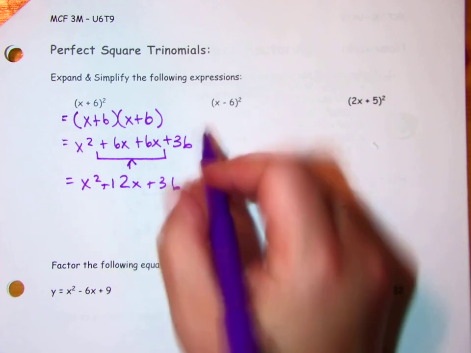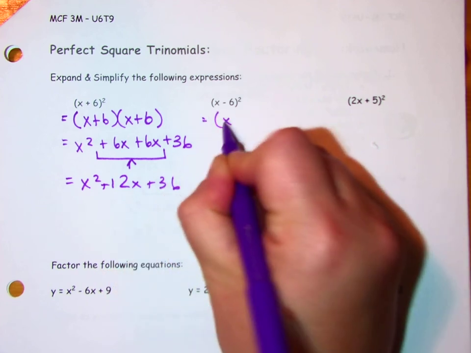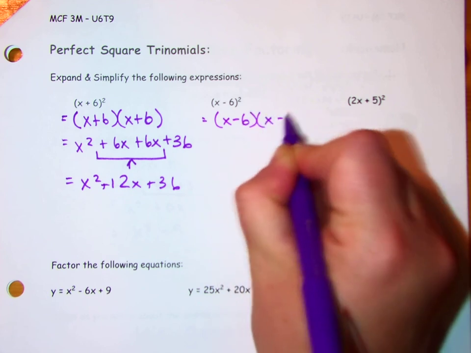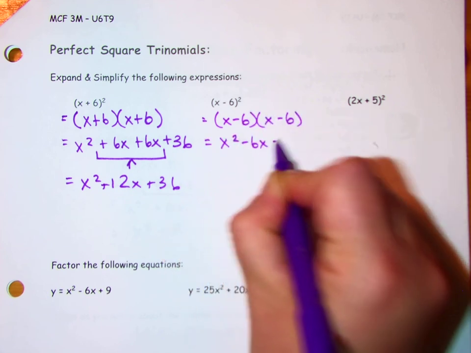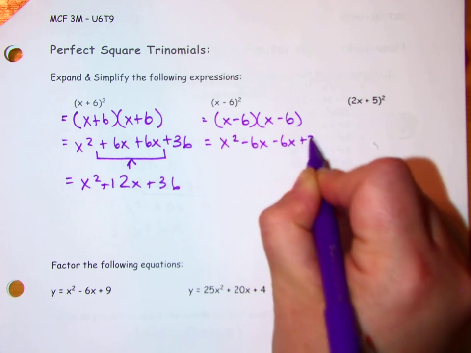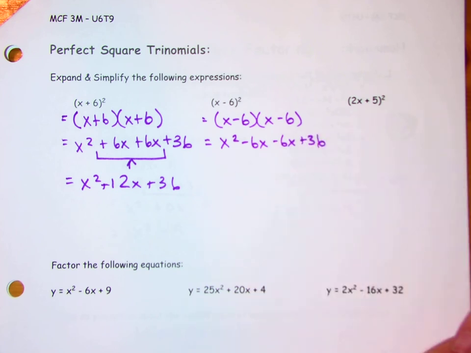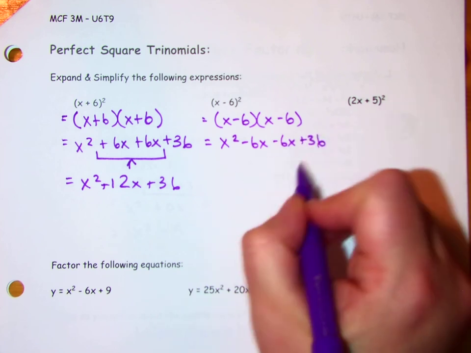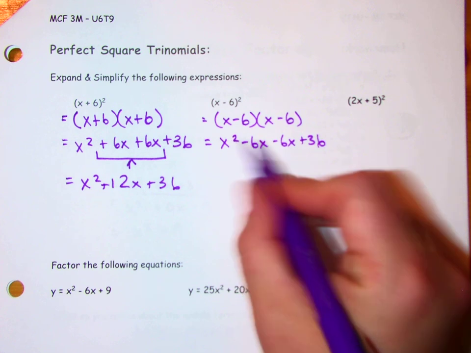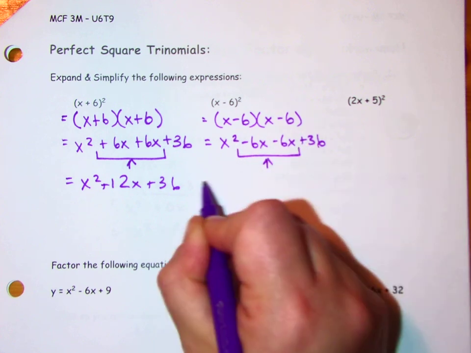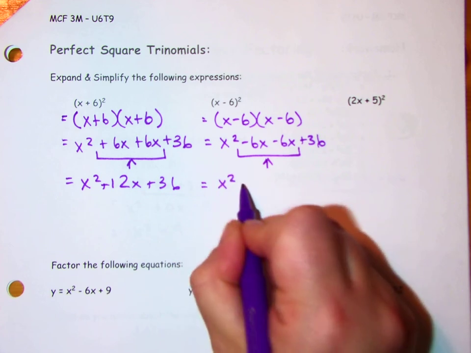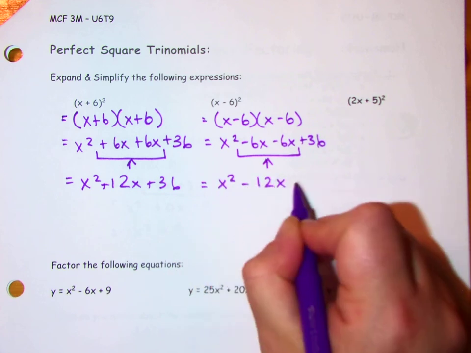Next one, we have x minus 6 times x minus 6. So that's x squared minus 6x minus 6x plus 36. We've talked a few times about how to expand and simplify. Here's the simplifying: those two middle terms combine to give me negative 12x.